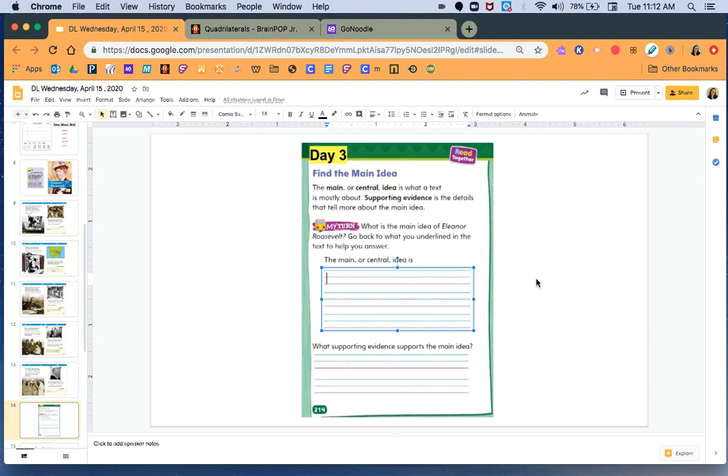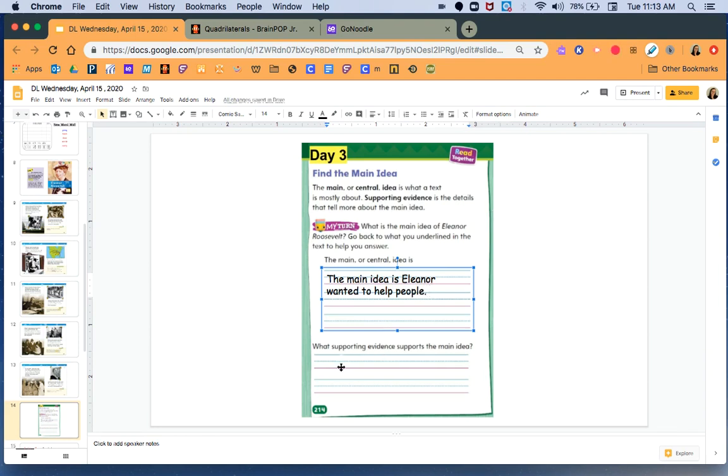You have to rephrase the sentence. So I'm going to go ahead to the question and say, so the main idea is Eleanor. I wonder where I could find the word Eleanor. Look, I can find it right there. I can go back and look, so I know how to spell it. The main idea is Eleanor wanted to help people.